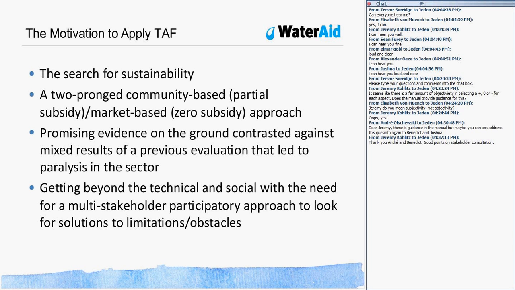And we wanted to get beyond that, and we saw the opportunity of this framework for bringing in all of the stakeholders, and this was something that we thought was an excellent potential for finding solutions and finding where the weak points are in terms of scaling up or evaluating and getting to a national acceptance, and also a regional or a context-based assessment of the option. Next slide, please.